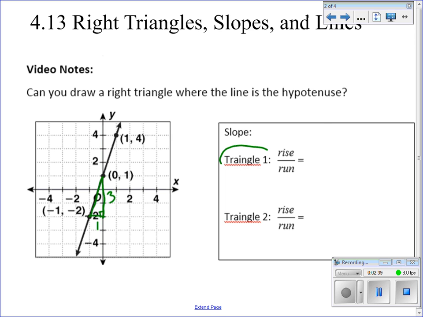I'll circle triangle 1 in green so that you can know that the green triangle is our triangle 1. And our rise in this one, our vertical increase going up and down, is 3. Our run is 1, or our horizontal base is 1, so our slope of triangle 1 then is 3.